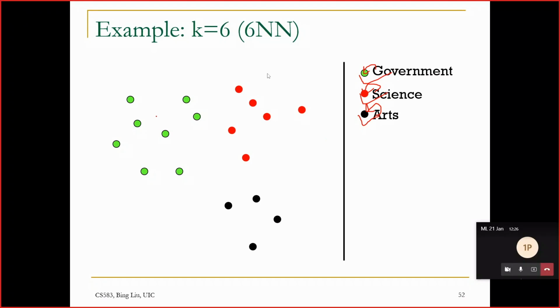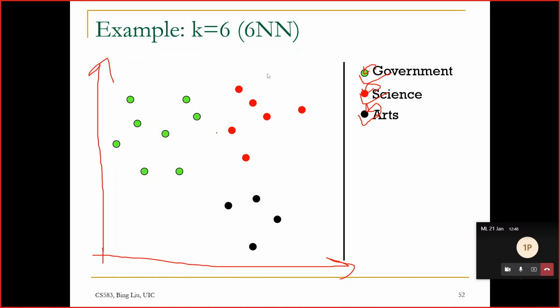Whenever you see this data, of course you can see that it is drawn as a scatter plot, and you want to classify these three classes. It is a multi-class problem, because there are more than 2 classes.